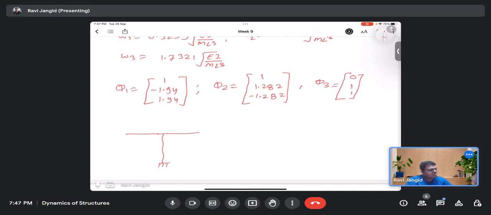So what is this? This is your one direction, this is your two direction, and this is your three direction. In the first mode, the first goes to 1, and the second is going to be negative, -1.94. So it is going to be this much, 1.94, this much is 1, and that is also 1.94.